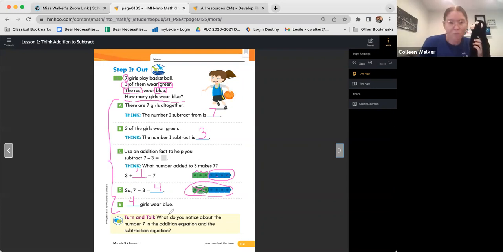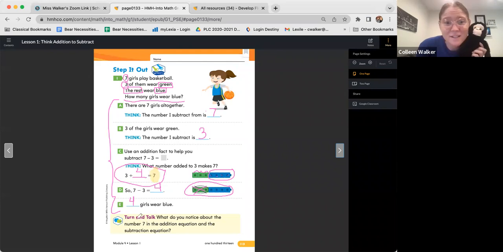Okay, so Monkey just said that in the addition equation, so that's this one right here, the number 7 is the sum. I'm going to get my little highlighter to show you guys that. So this is the sum in the addition equation. But in the subtraction equation, what do you say?